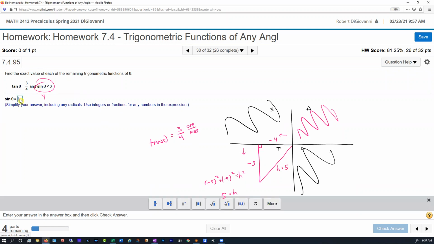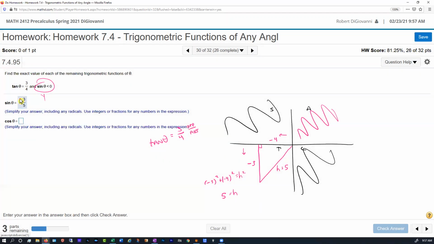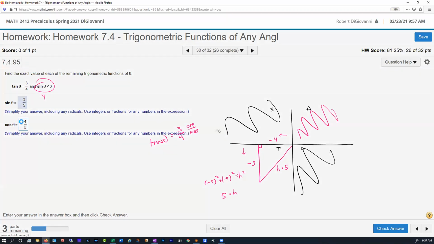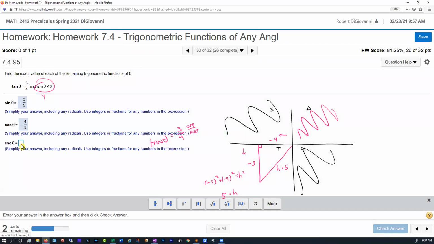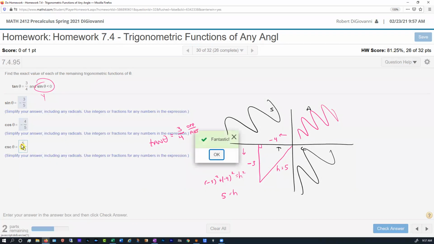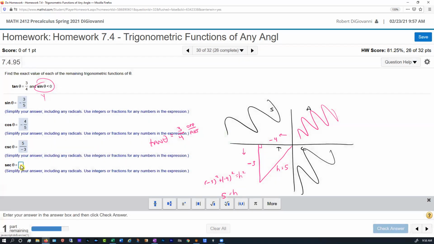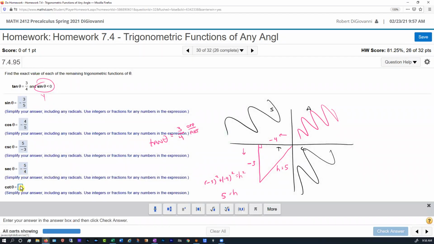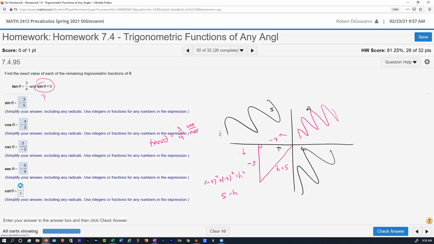So sine will be opposite, which is -3 over the hypotenuse, and cosine is adjacent, which is -4 over the hypotenuse. Cosecant is just sine flipped, so 5 over -3. Secant is just cosine flipped over, so -5 over 4. And cotangent is just tangent flipped over, which is 4 over 3.